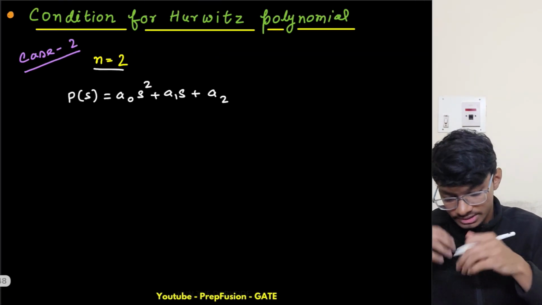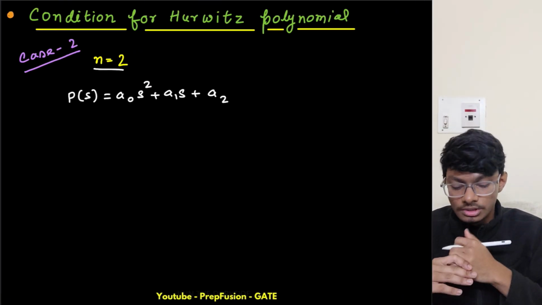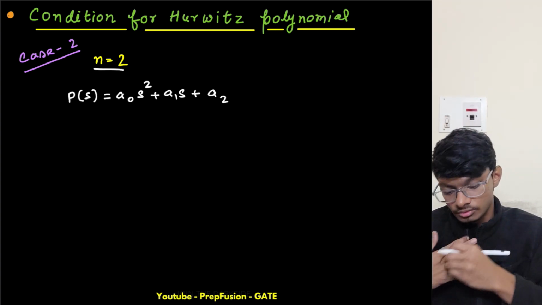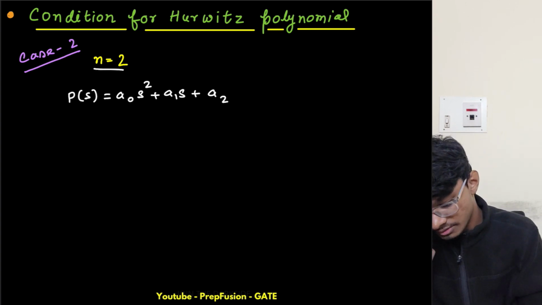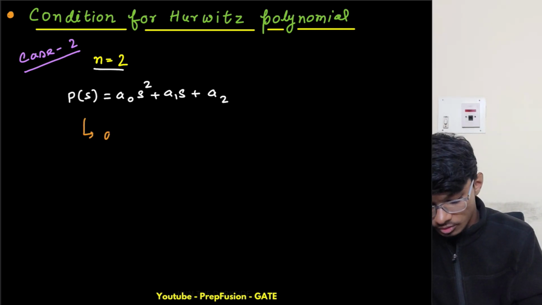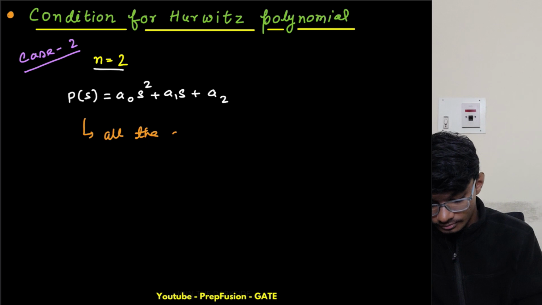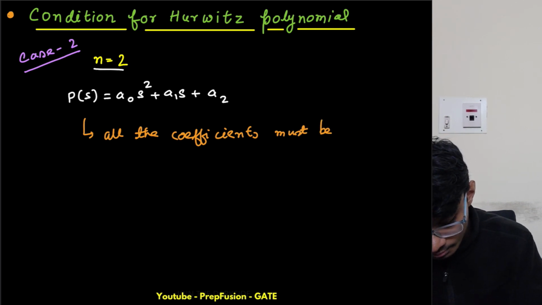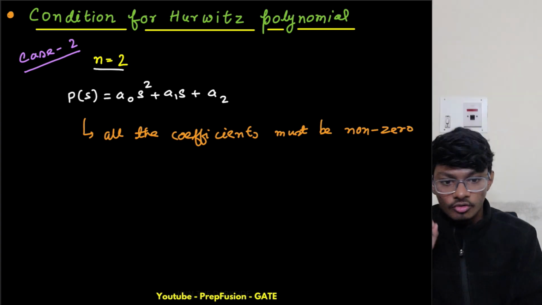Now let's take another case, order 2. This one I won't prove, but you can understand it. The condition for this to be a Hurwitz polynomial will be the same condition as I told earlier. All the coefficients must be non-zero.